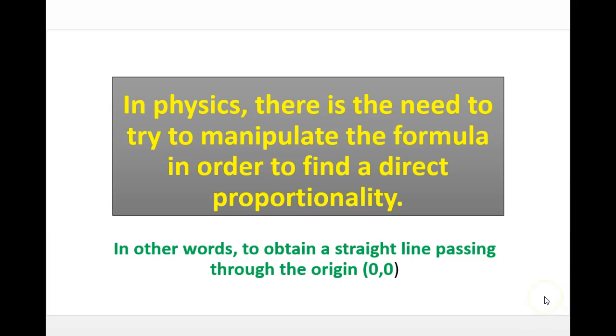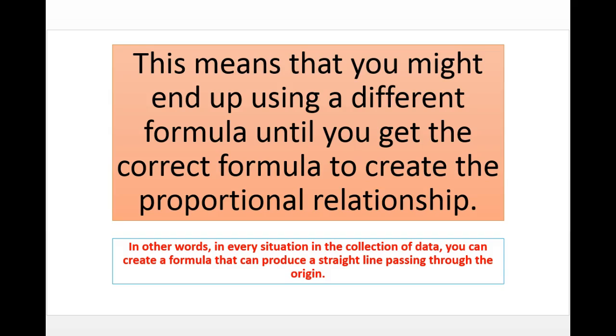So in physics, there's generally a need to manipulate the formula in order to turn that inverse proportionality into a proportionality. In other words, they're trying to see if you can change that curve with a negative slope into a straight line with a positive slope that goes through the coordinates 0 and 0, which is the origin.